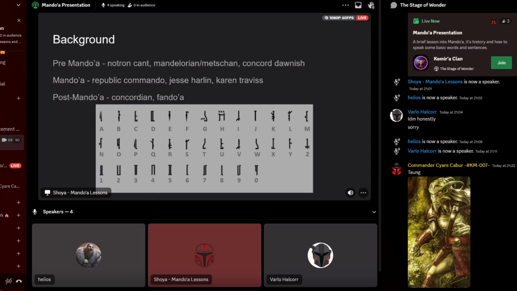So that's where we get to Concordian and Fandoa, which is just a term for fan Mando'a. So the first ever, as far as I know, fan Mando'a was what we now know as Concordian. It wasn't called Concordian; it was just called Mandalorian, and it was created by a fan on, I think, an Empire at War forum post, or maybe it was the force.net or something like that.